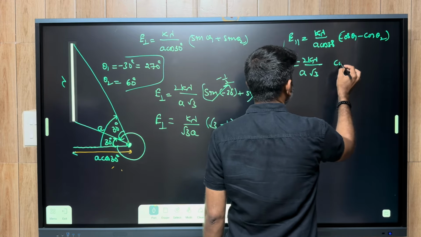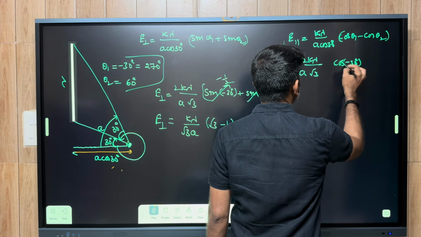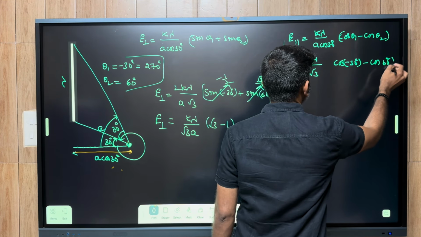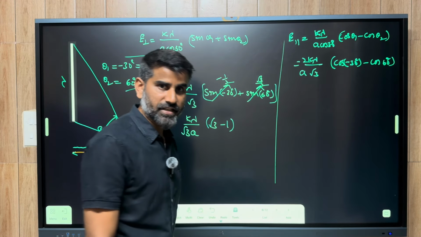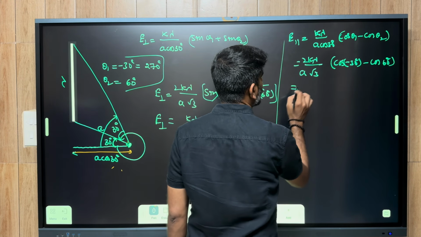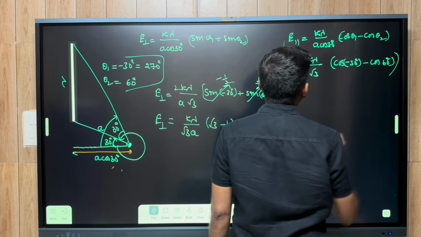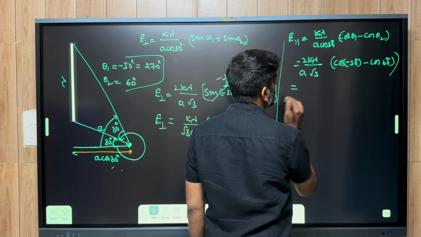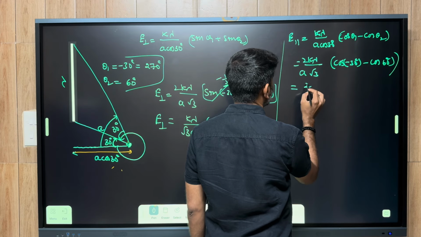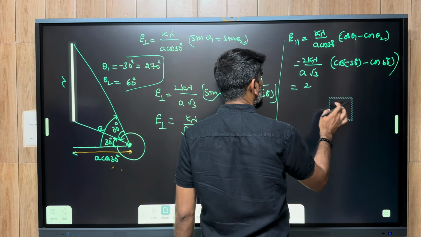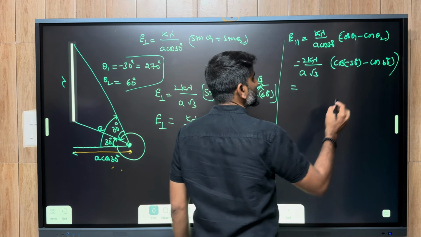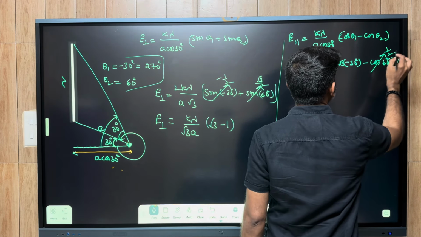Cos theta 1 is cos minus 30 degrees minus cos 60 degrees. Cos of minus theta is cos theta again, an even function. So what will be the answer? Okay, so cos 60 is 1 by 2.